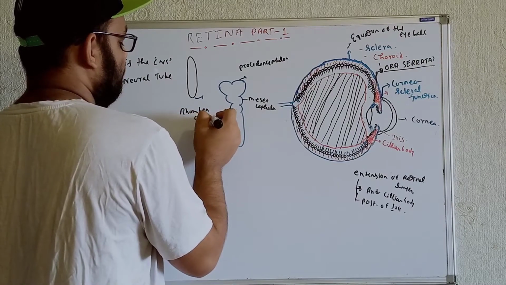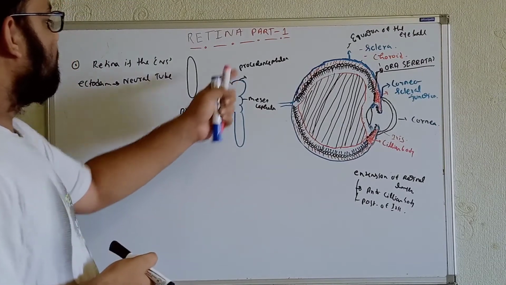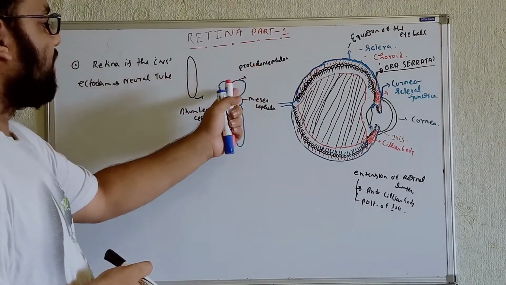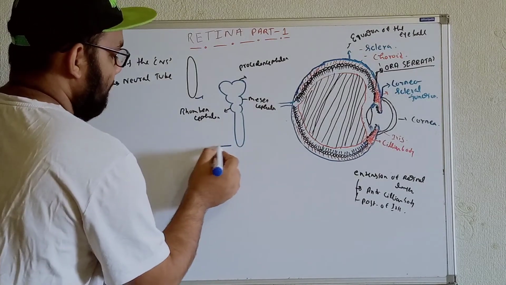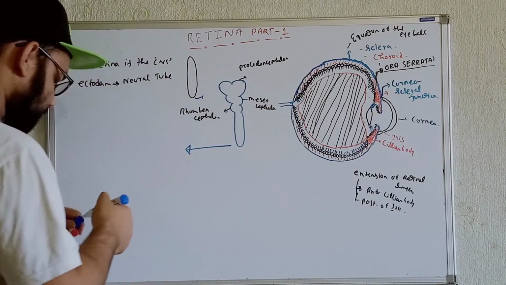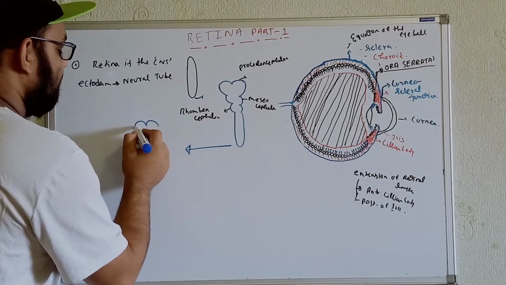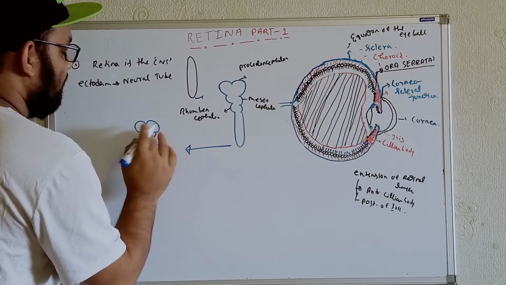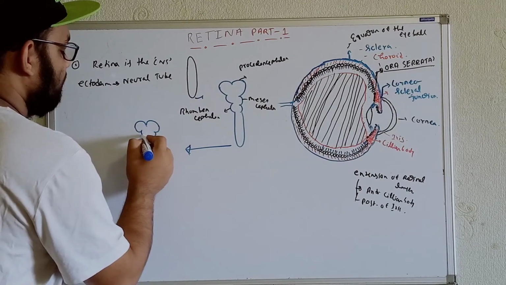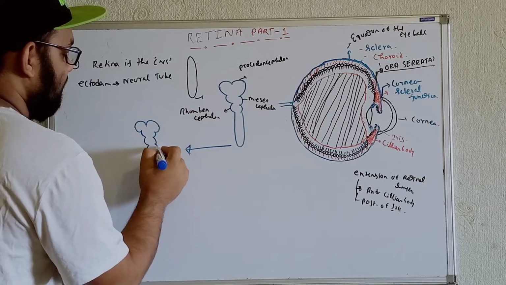Now, further, if we see the development of the forebrain, that means the prosencephalon, try to understand from this figure. Within the prosencephalon is the forebrain, the midbrain, and the hindbrain, which continues into the spinal cord.